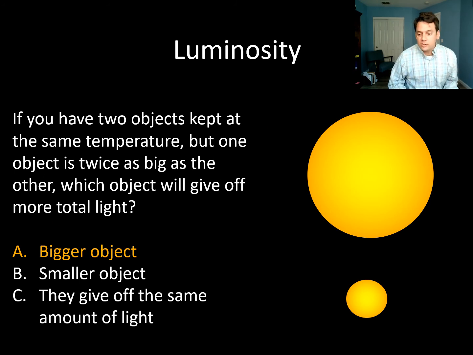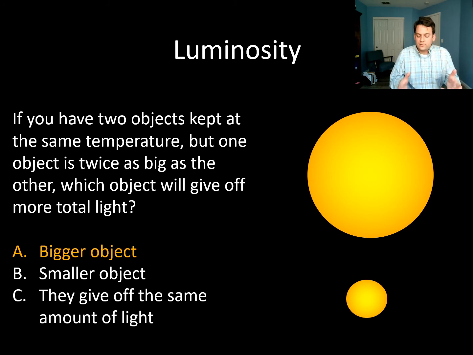The reason for this is just that there's more surface area on the bigger object from which to radiate. So if I were to ask you how much radiation per square meter each object gives off, the answer will be the same, right?